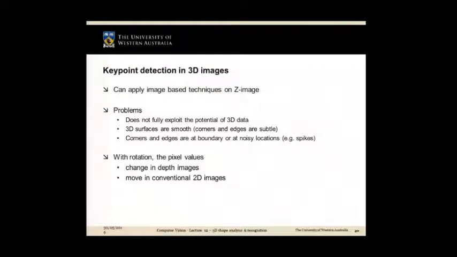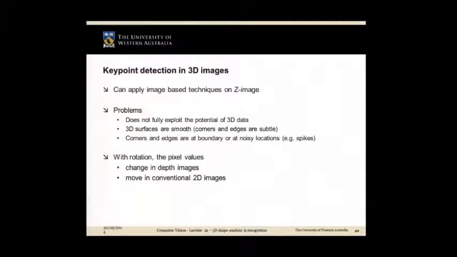Now, you can apply image-based techniques on the depth images as well, the way we did it in our 2D cases. The problem is that it does not fully exploit the potential of 3D data, right? 3D surfaces are smooth, corners and edges are subtle, and corners and edges are at boundaries and at noisy locations.